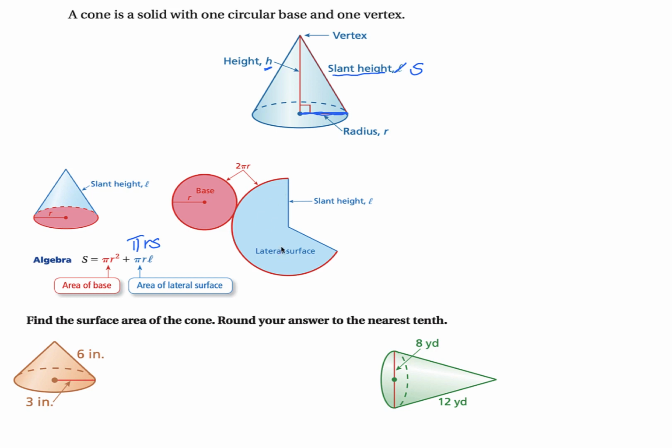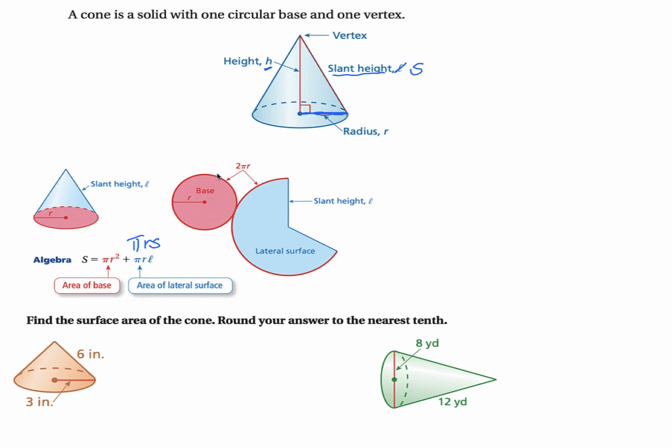Now, I've looked through a lot of problems dealing with surface area, and I noticed that on some exams they ask students to find the lateral surface area. If that's the case, you would use pi r s. That gives you the lateral surface area, which means the surface area at the top, excluding the base.